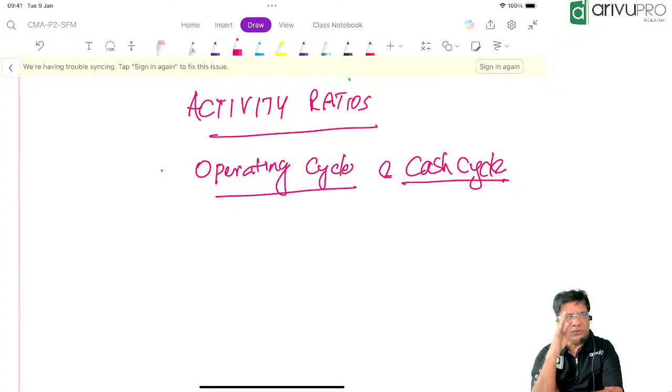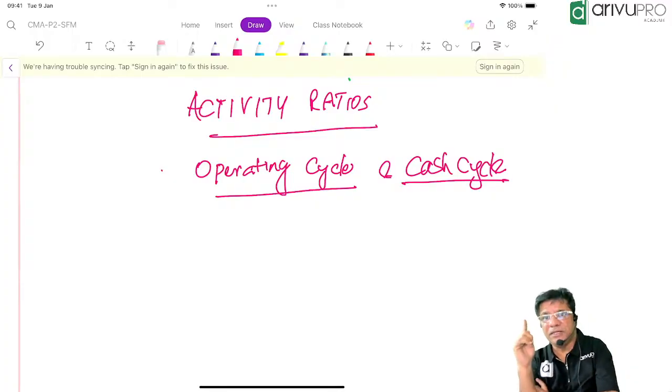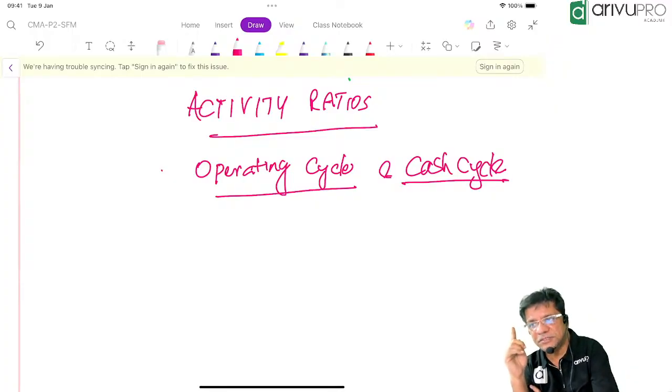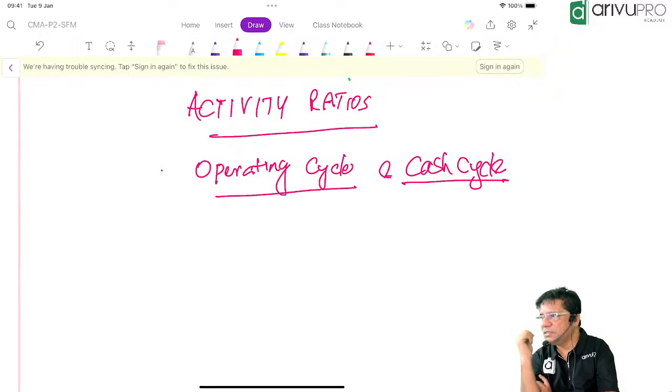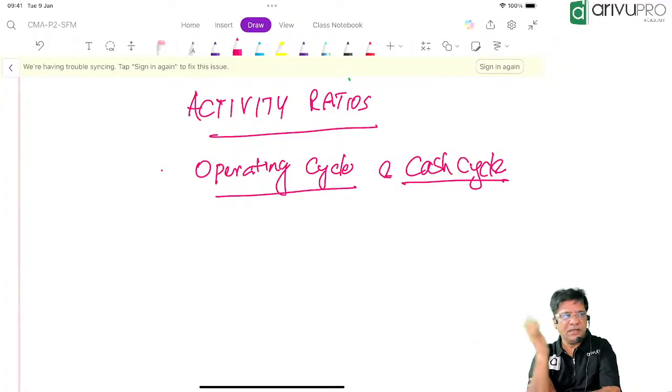So now you told one journal entry: debit inventory, credit supplier. When you collect from your credit customers, cash is coming in. What is the journal entry? Debit cash account, credit the customer.